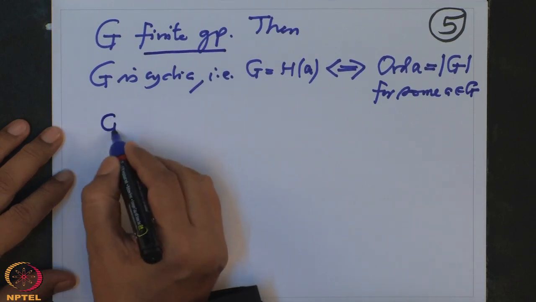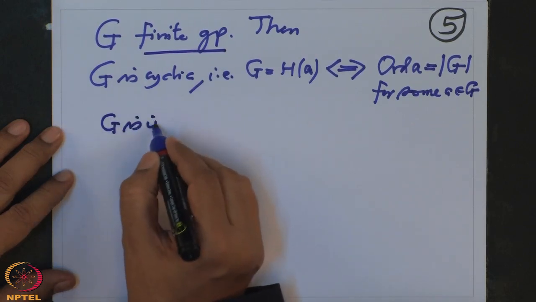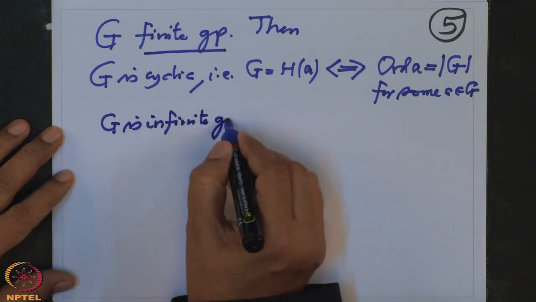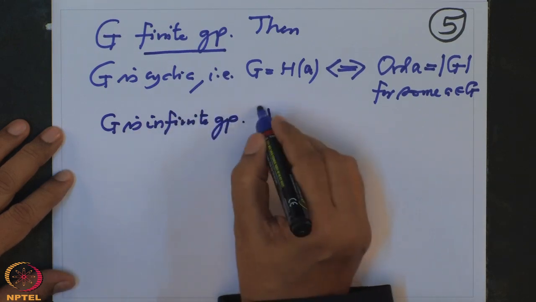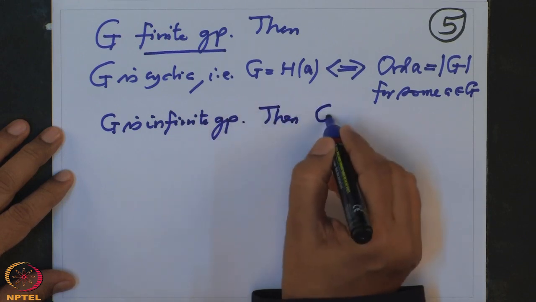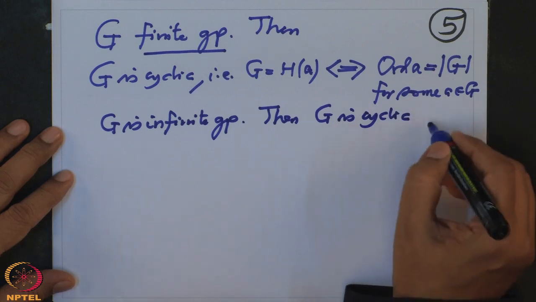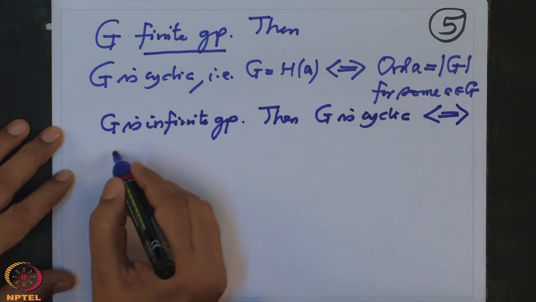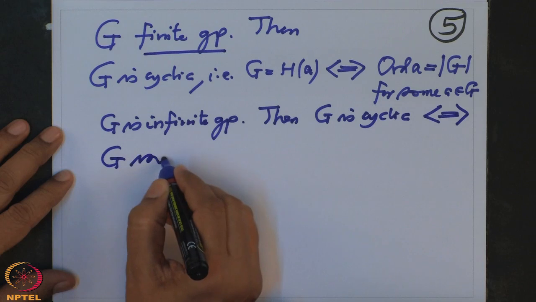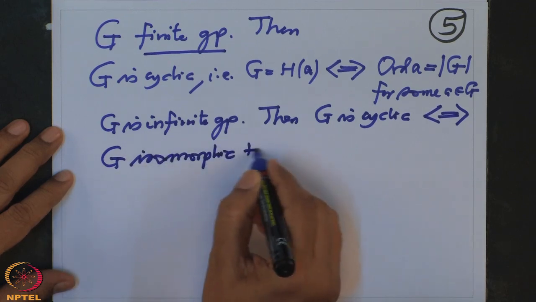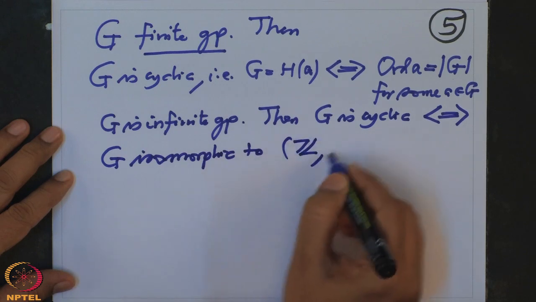When G is an infinite group, then G is cyclic if and only if G is isomorphic to the additive group Z plus.